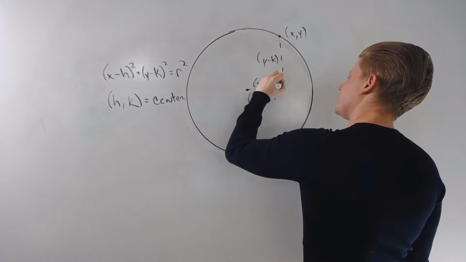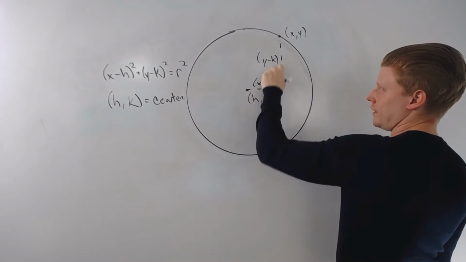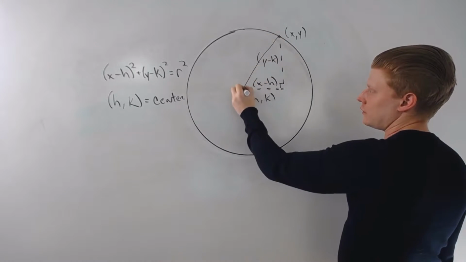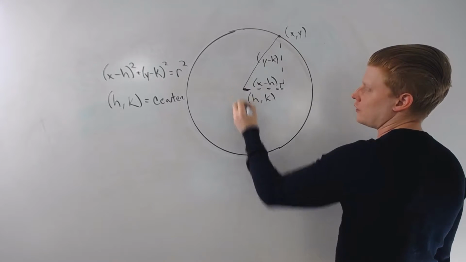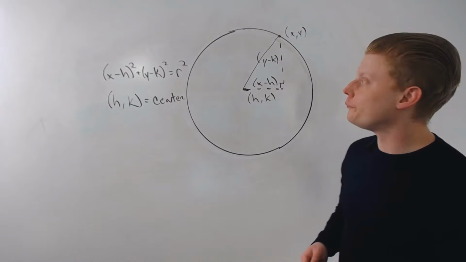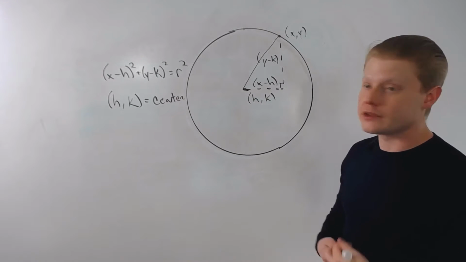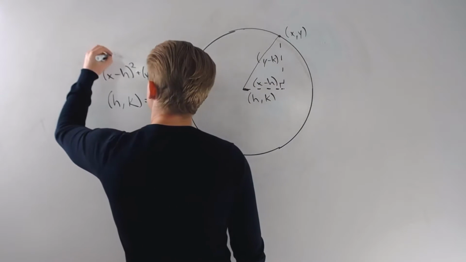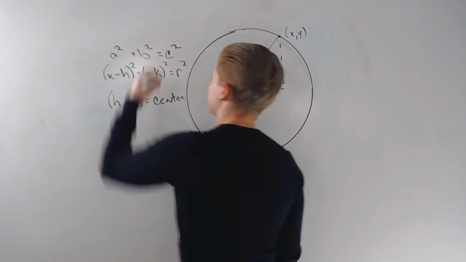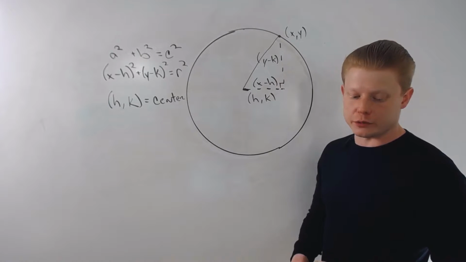It just finds those distances, and because it's x and h and y and k, they're going to be perpendicular. Guess what? If I square them and add them together, I've got myself a hypotenuse. I've got myself a right triangle. That's it. All this is a squared plus b squared equals c squared.